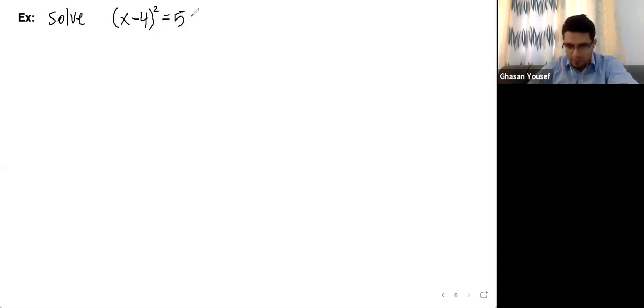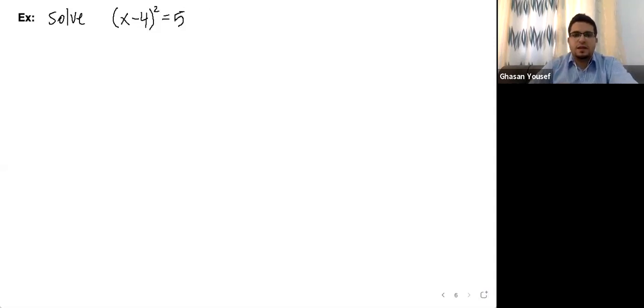Example number 3. The example is a little bit different. Solve (x minus 4) squared equals 5.